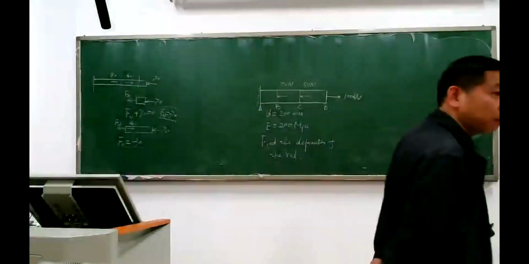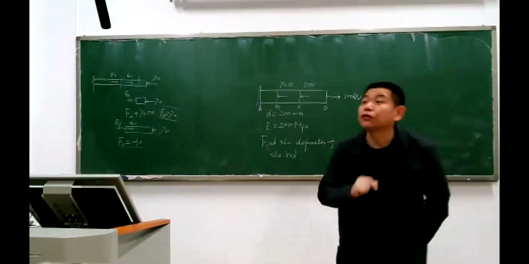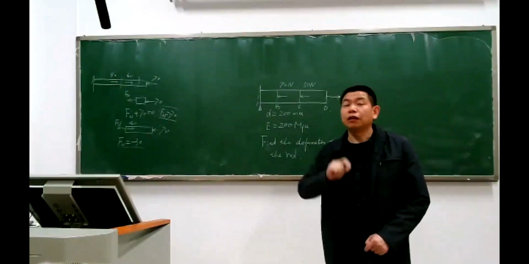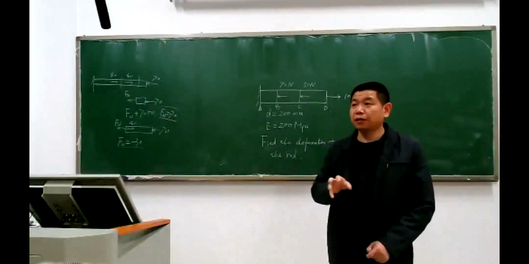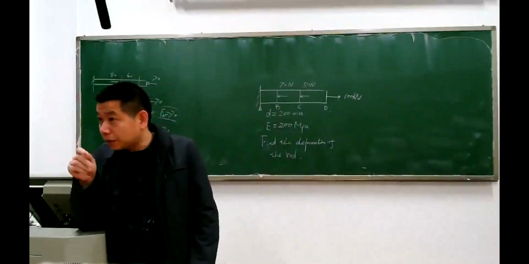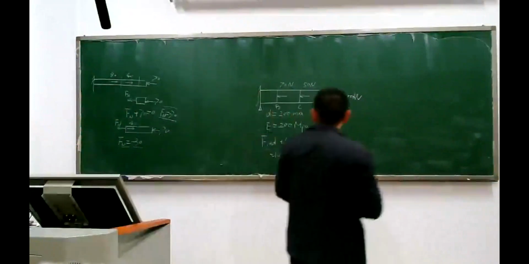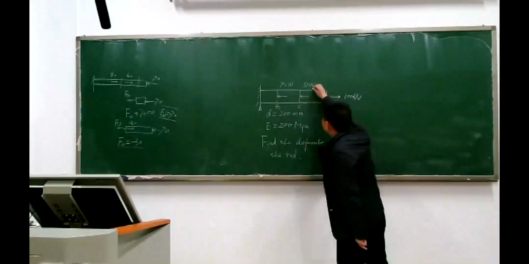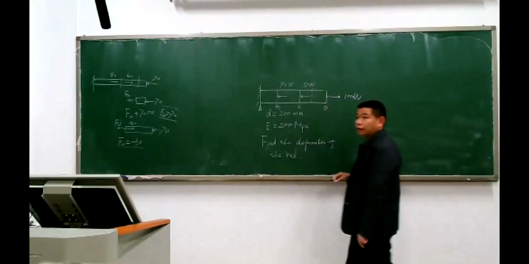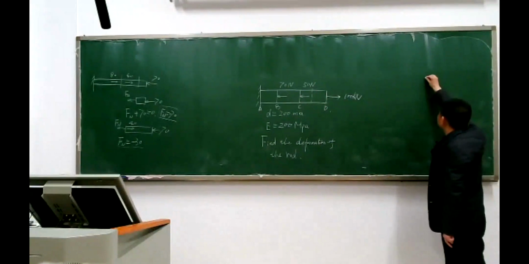At first, we have to know how to find the normal force first. How to find the normal force? The method is the method of section. For CD, make a cut.